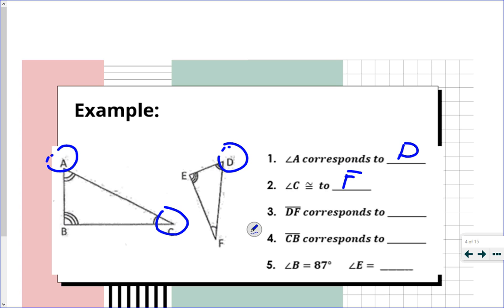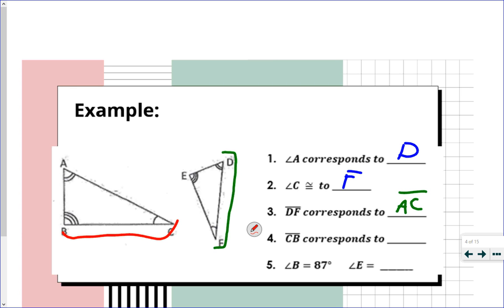So now, if you're looking at the side DF, correct, and it doesn't matter what order you write it. And then if you're looking at CB, that corresponds to DF, correct.